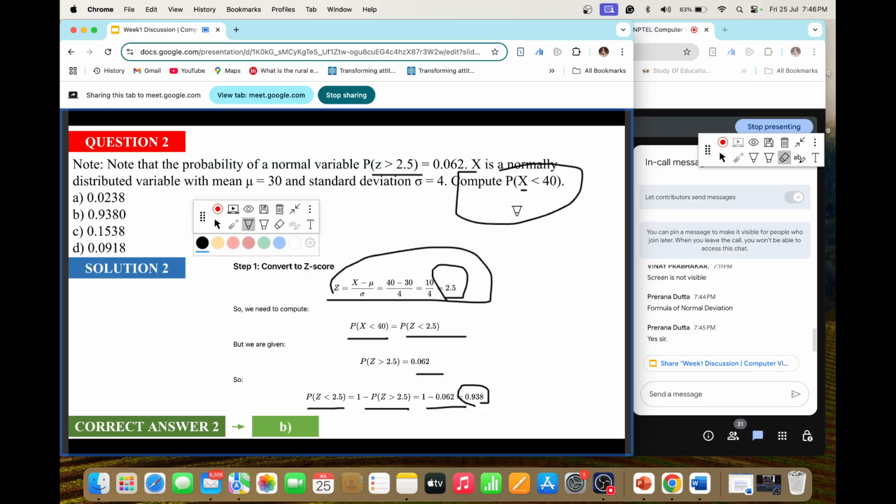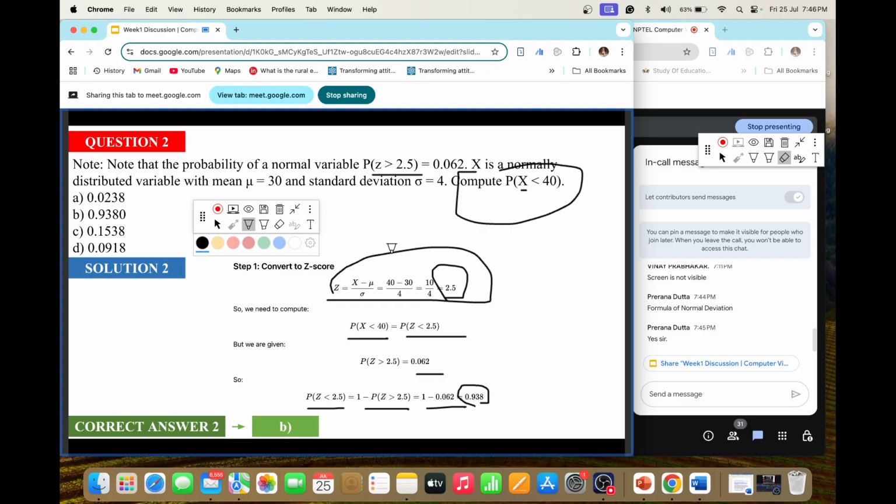Because if the probability of x greater than 40 were given, then we could easily find the probability of x lesser than 40, by 1 minus the probability of x greater than 40. That would be much easier. But what has been given is the probability of z greater than 2.5, so you have to first convert x to z. How?